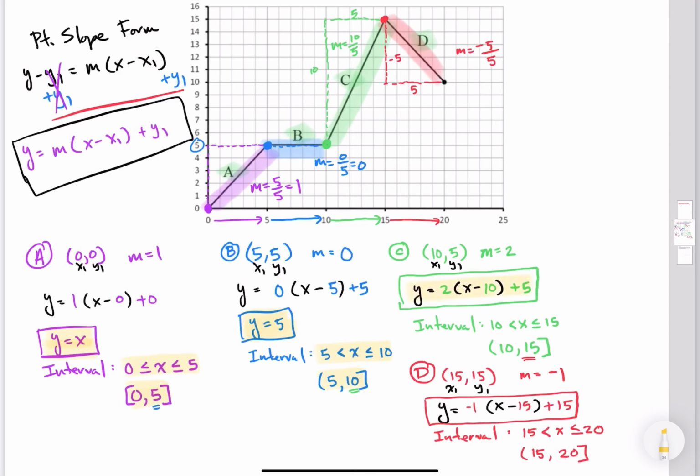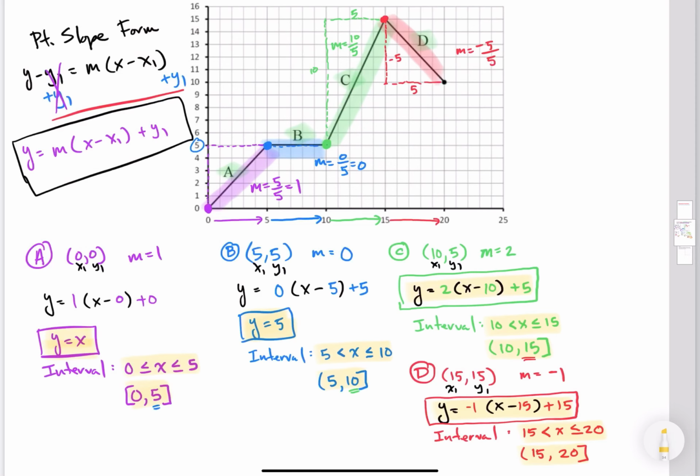And C is where y is equal to 2 times x minus 10 plus 5 along the interval of 10 to 15. And last but not least, we have our fourth piece. y is equal to -1 times x minus 15 plus 15. That's the equation, and it's along the interval of 15 to 20.